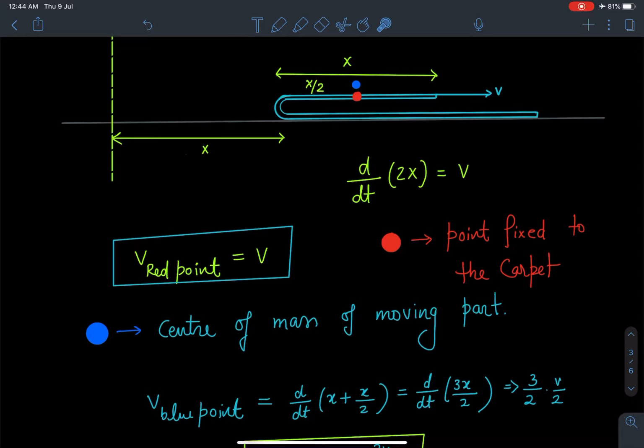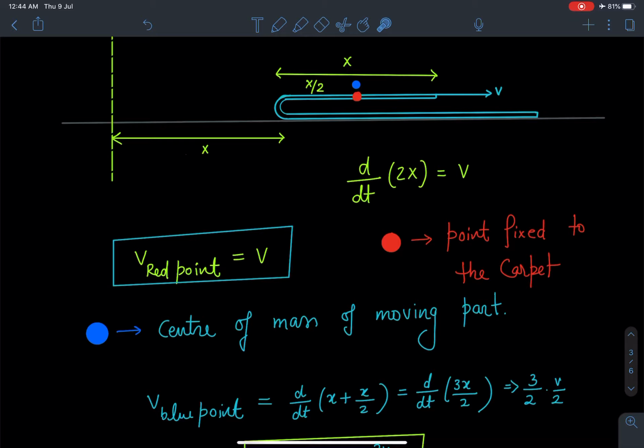He is asking in the question to find the velocity of the center of mass of the moving part. What happens exactly is that the center of mass of the moving part keeps changing. In the very beginning, this red dot and this blue dot are at the same location, but blue corresponds to the center of mass of the moving part and red corresponds to the midpoint at this instant.